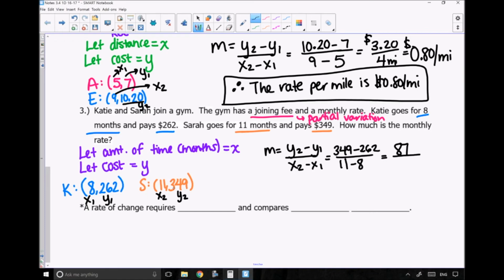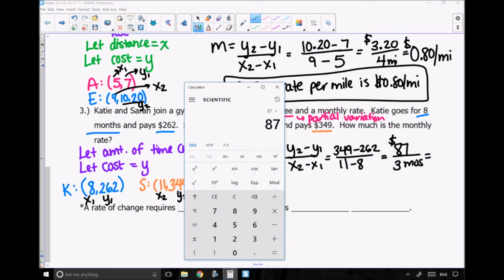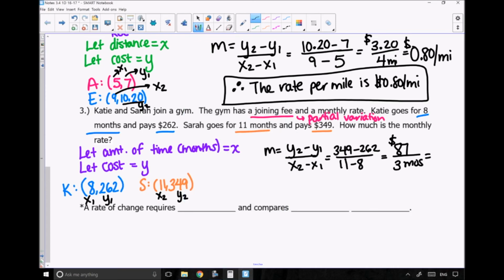Well, this is $349, $262, so it's $87. Okay, and then in the denominator it's 11 months minus 8 months, which is 3 months. So when I go ahead and divide it, I end up getting 29. What does this mean? It's $29 per month. Okay, so the monthly rate, we can just say therefore the rate is $29 per month.